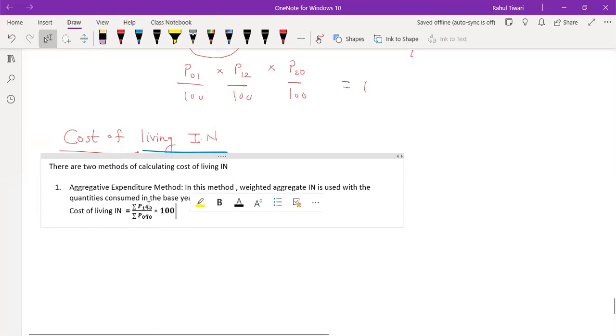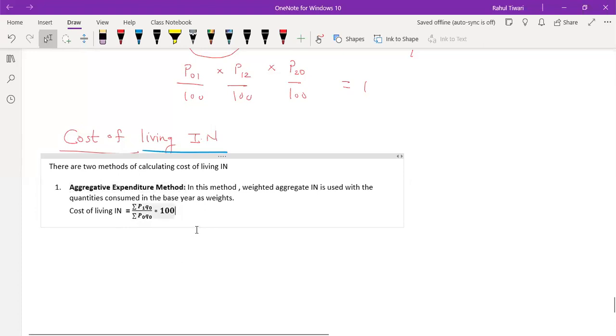You use the quantities consumed in the base year as weights, Q0 in the base. So the aggregative method is basically your Laspeyres price index. That is the first method.